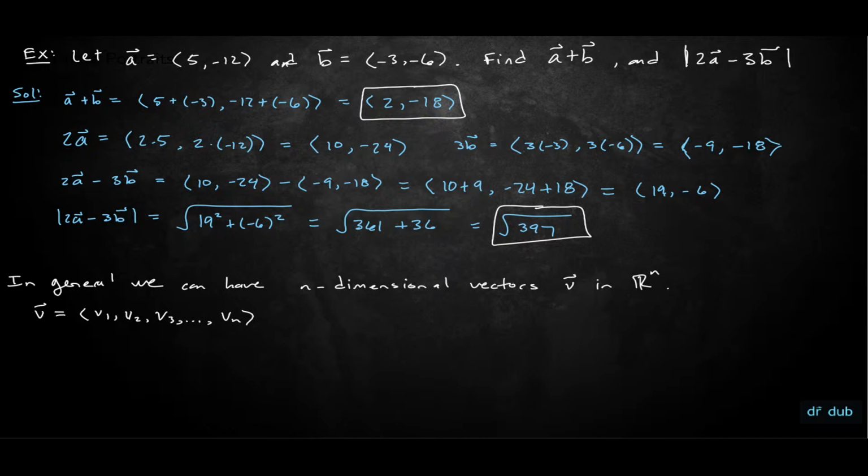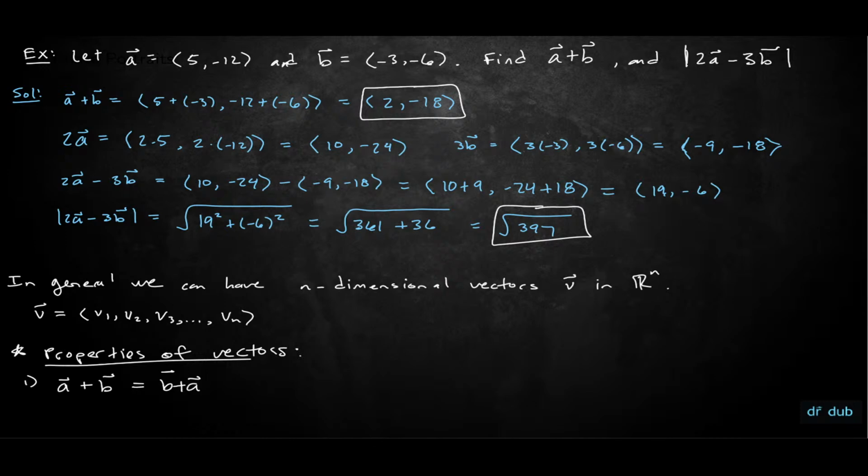So properties of vectors. The first one is that a plus b, vector addition, is equal to b plus a.